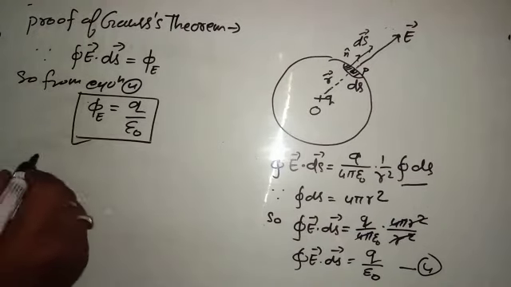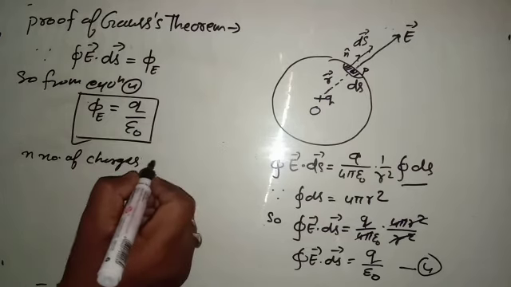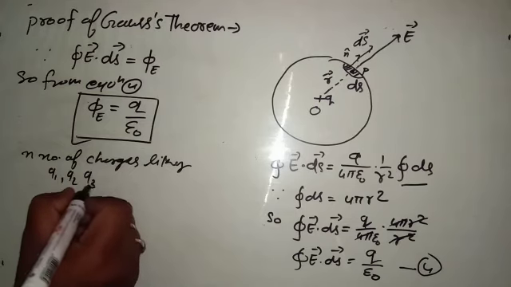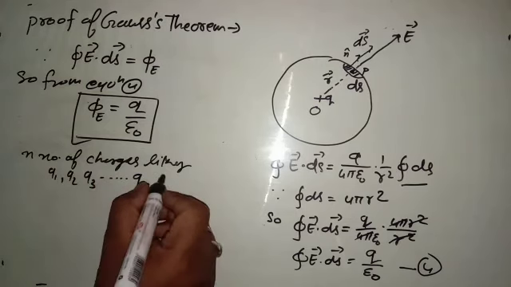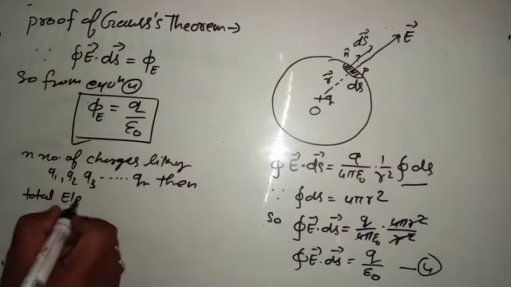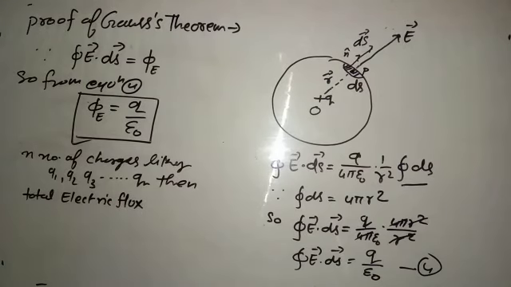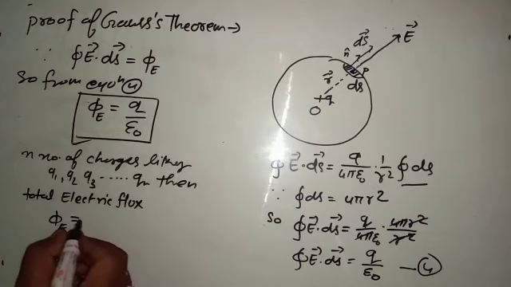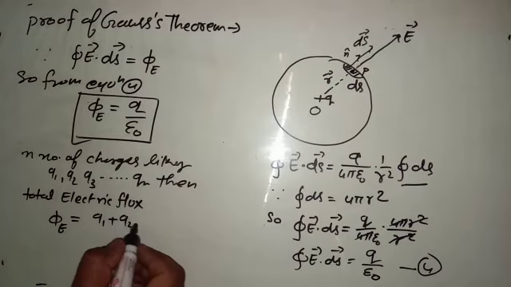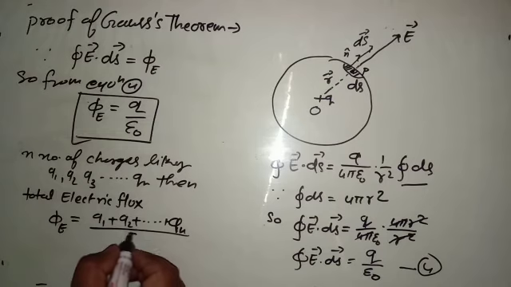If we consider there is n number of charges like q1, q2, q3 dot dot dot qn, then the total electric flux will be phi E is equal to q1 plus q2 plus dot dot dot plus qn whole upon epsilon naught.